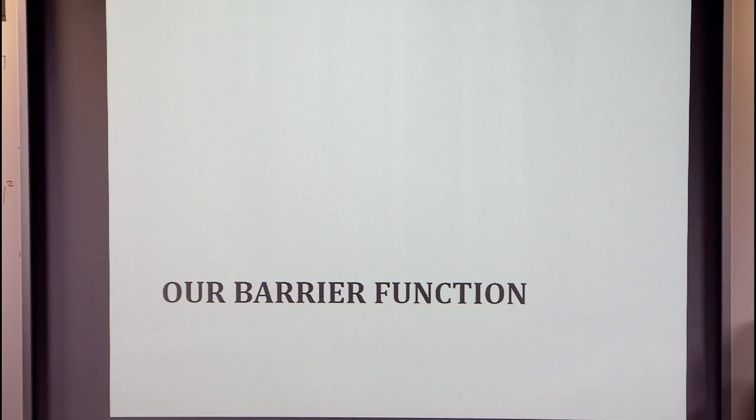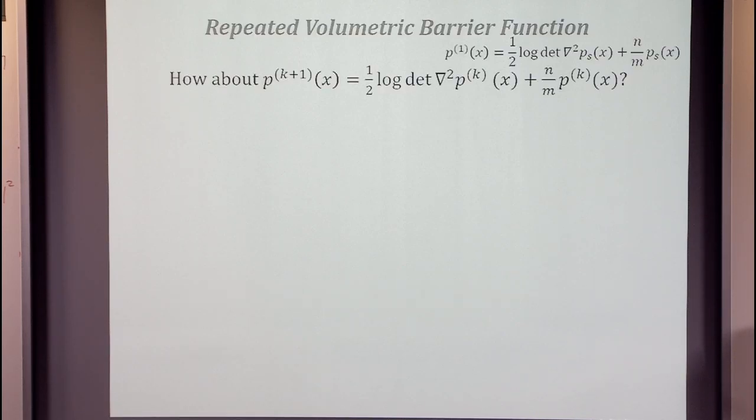Now we can look at our barrier function. Basically, the first sentence is the previous volumetric barrier function. If you think about it a little more, the previous result is showing that, given the standard log barrier function, you can take the log determinant of the Hessian of that function and get a better barrier function.